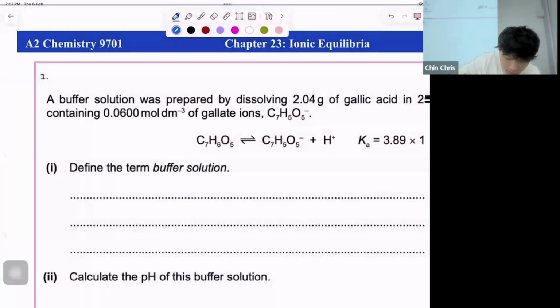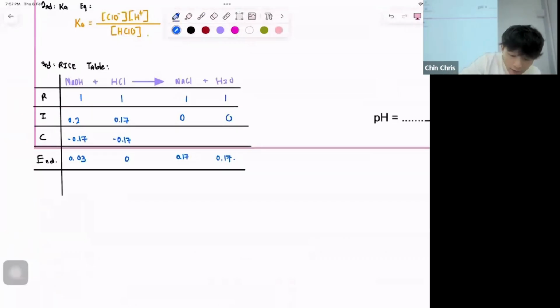Do it here this time. You can do it as the remaining NaOH reacting with HClO to form NaClO and H2O, right? Rise table it again, go.